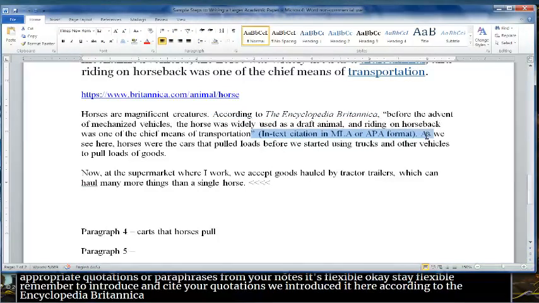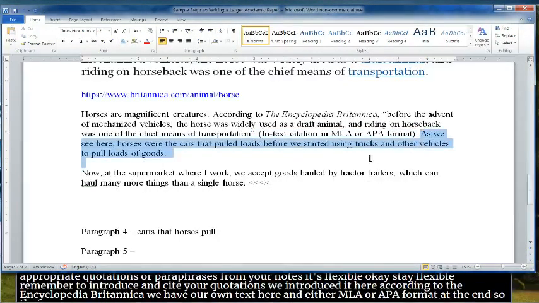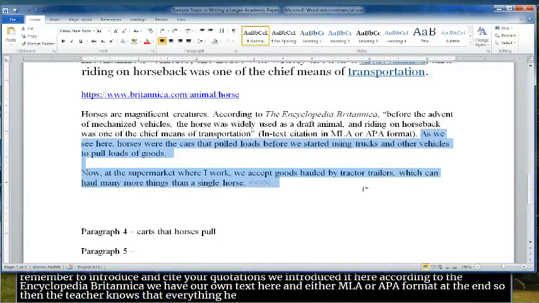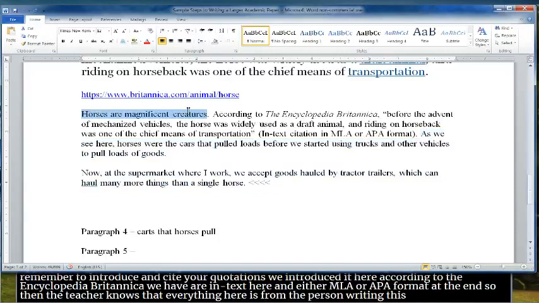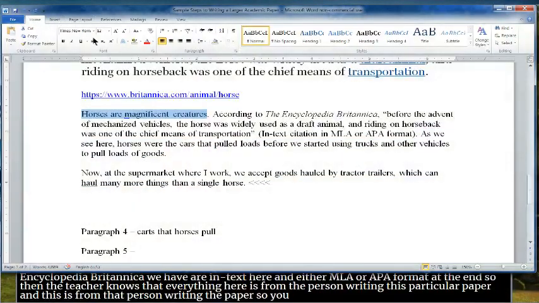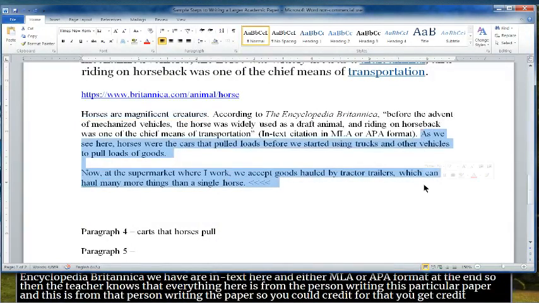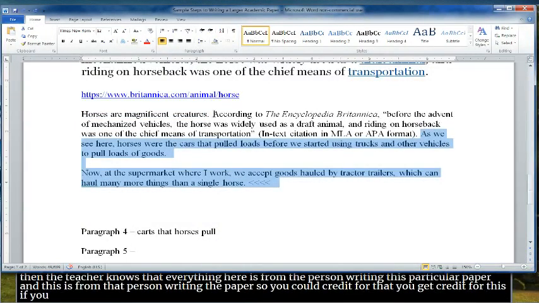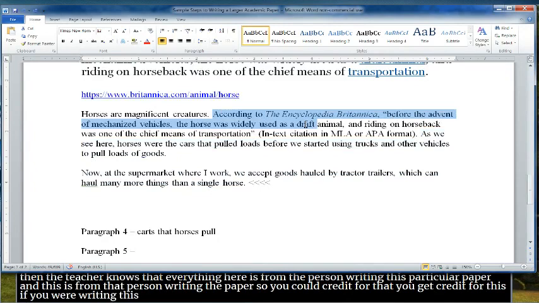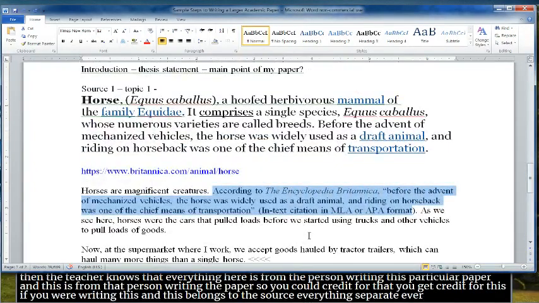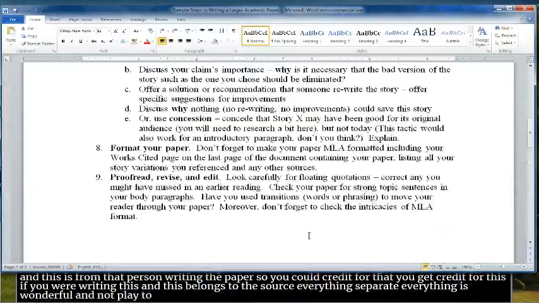We have our in-text citation here in either MLA or APA format at the end. So then the teacher knows that everything here is from the person writing this particular paper, and this is from that person writing the paper. So you get credit for that. You get credit for this if you were writing this, and this belongs to the source. Everything's separate. Everything's wonderful and not plagiarized.